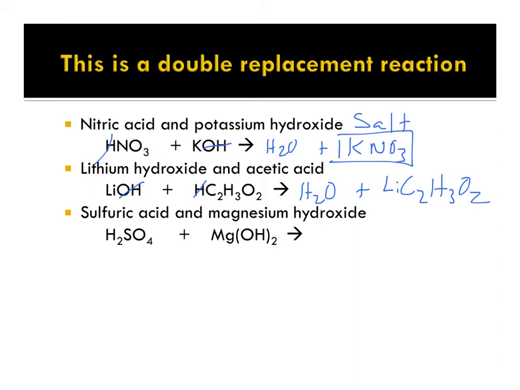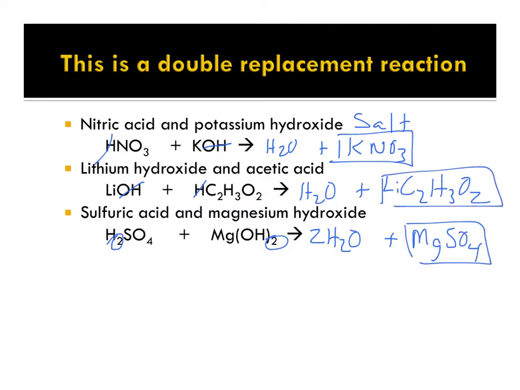Then coming down to the next one, we notice that we have two H's and two OH's, so we're going to be able to make two groups of water plus MgSO4. And again, these are our salts, and we've made water.